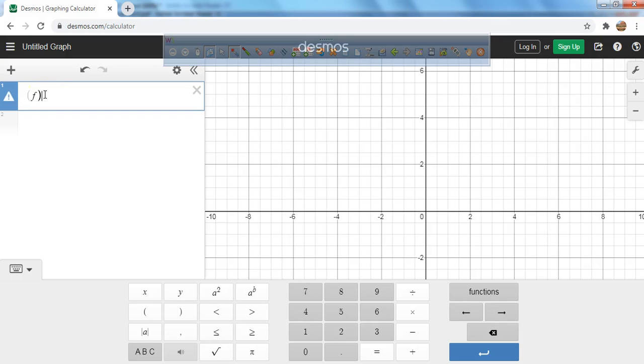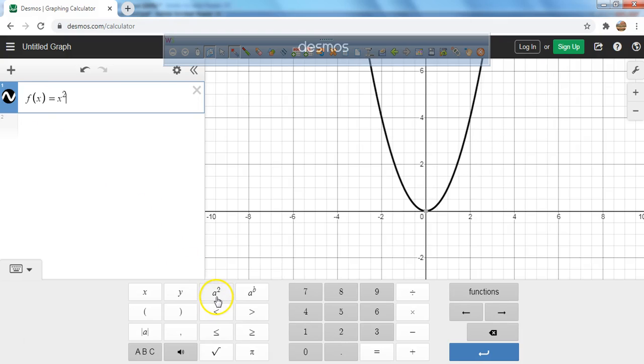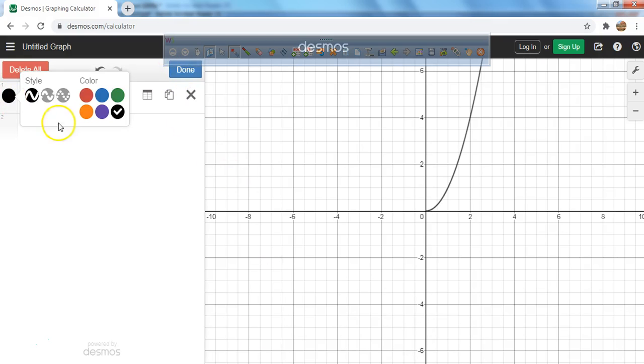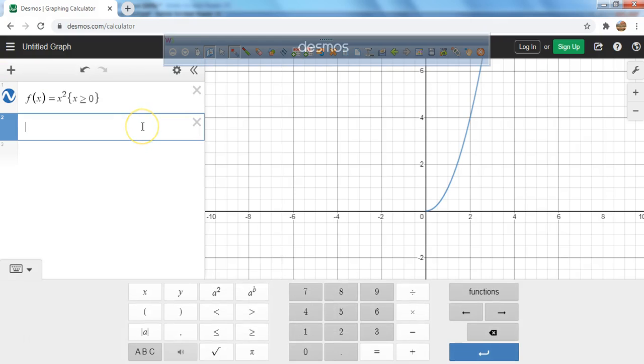All right, f of x equals x squared. And I'll make a little bracket here, but only where x is greater than or equal to 0. I'll go ahead and change that color to blue so you can see it. So that part, now I can invert.